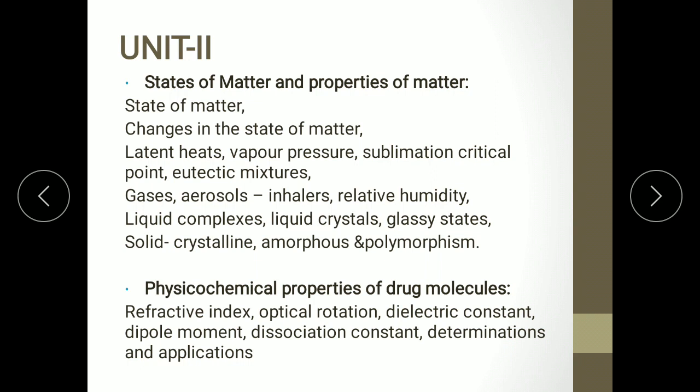In solids again we have to see what is a crystalline substance, amorphous substance, then subtypes of crystalline and amorphous substances, their explanation. Then polymorphism, what is polymorph, their different types we have to see. Okay, all these things we have to see in the first part of unit 2, that is states of matter and properties of matter. In the second part of the second unit we have to see physiochemical properties of drug molecule.